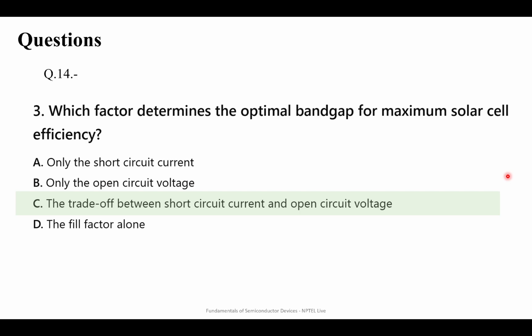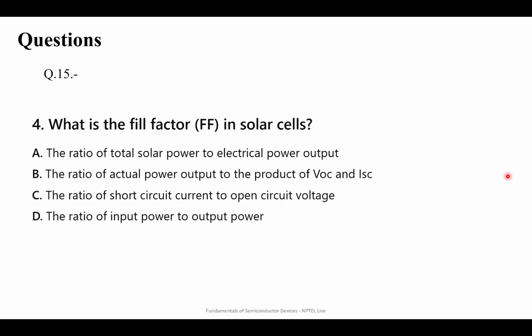If you have a material, it has a fixed band gap. If you are using silicon, your band gap is fixed. If you are using germanium, your band gap is fixed. So they didn't think about band gap tuning at that time.